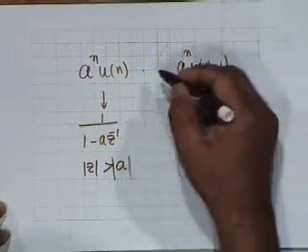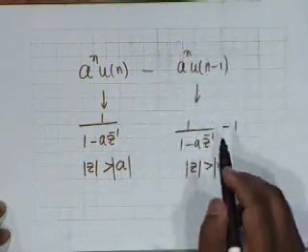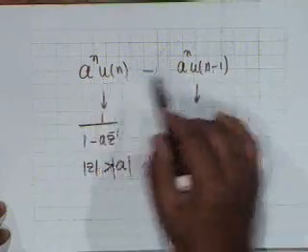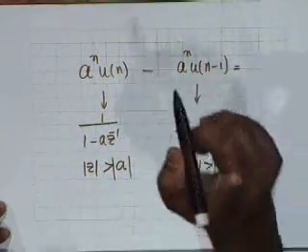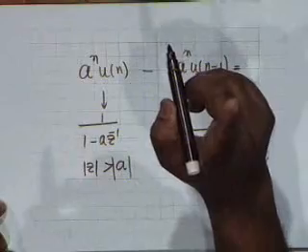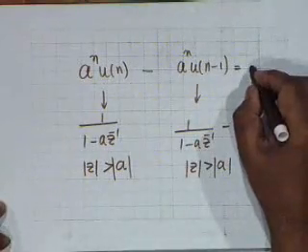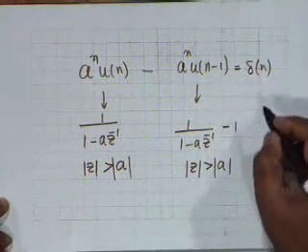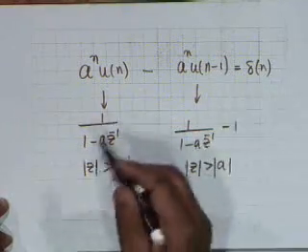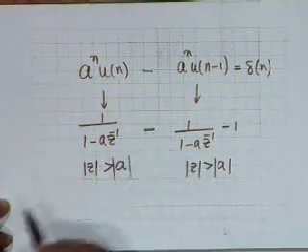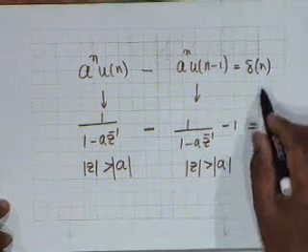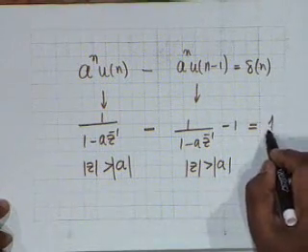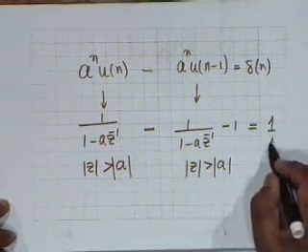All right. Now if I subtract one from the other, what do we get? We get a single sample at n equal to 0, and the value is 1, and therefore it becomes a delta n. And therefore in terms of Z transforms, we have to subtract, and the Z transform of delta n is 1. What happens to the ROC?